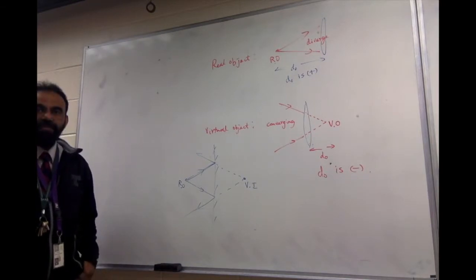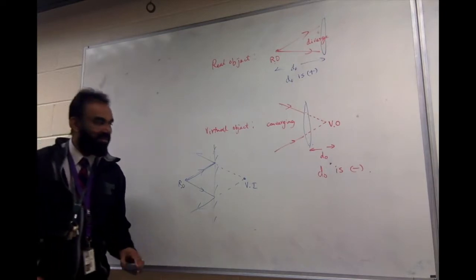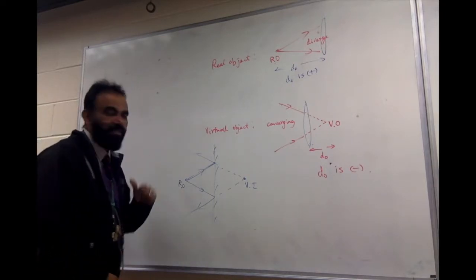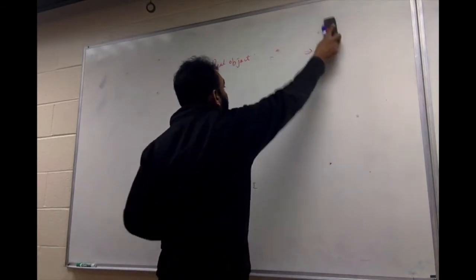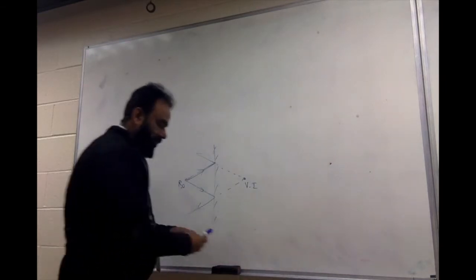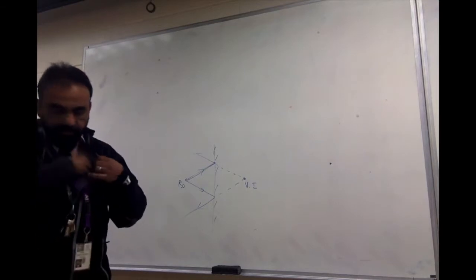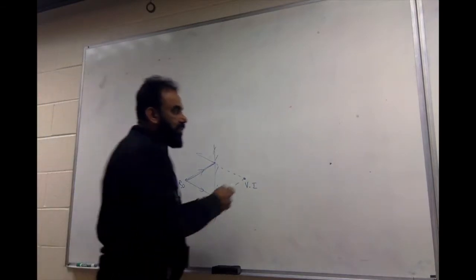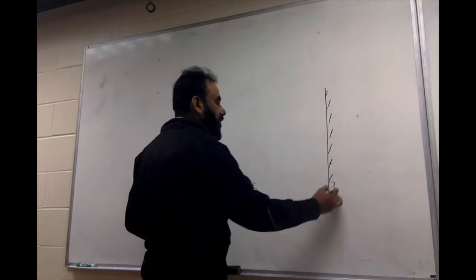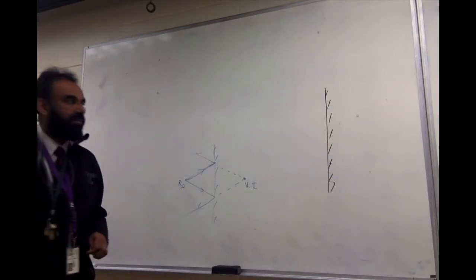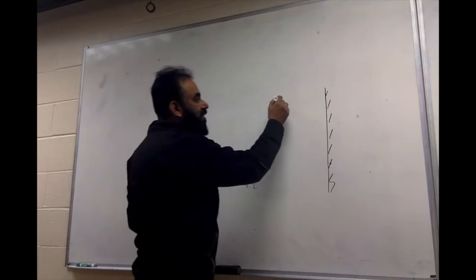Now let's see what happens on a plane mirror for virtual objects. So suppose you have a plane mirror like that. And suppose you have rays coming like this.